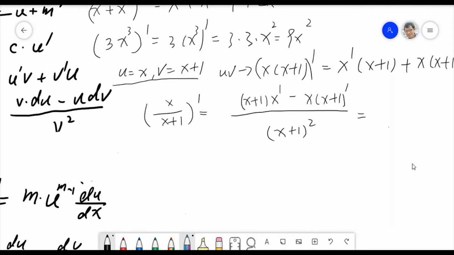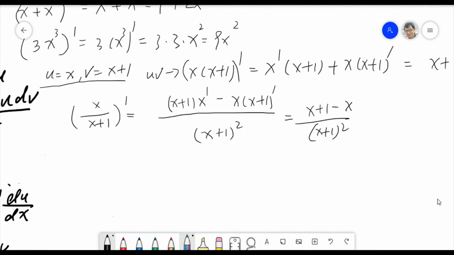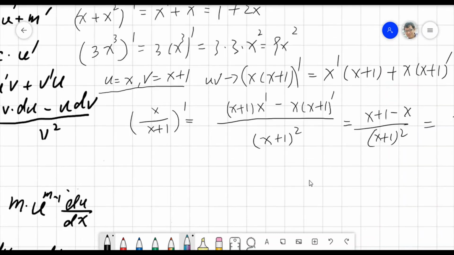So equals x plus 1 squared over, x prime is 1, so x plus 1, minus x plus 1 prime is 1, so it's x, right? So the result is x plus 1 minus x over x plus 1 squared, so you get this one.